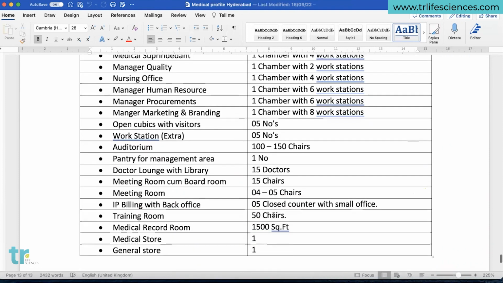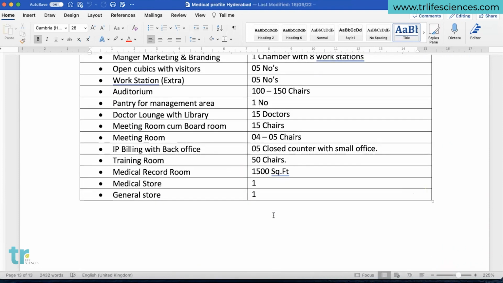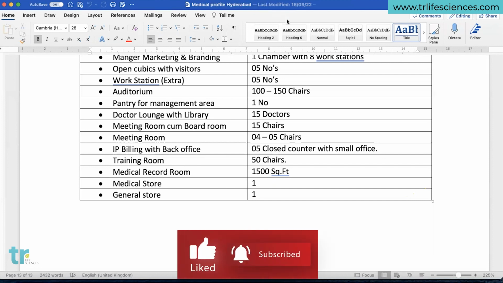So all details are finalized. Once finalized and signed off by the client, we will pass it on to the architect. That will be the total overall activity we will be doing in this.